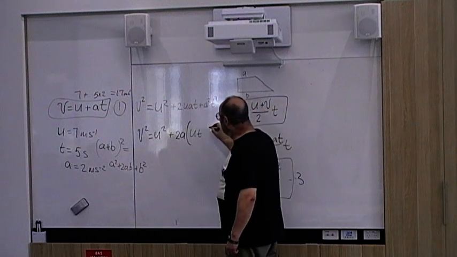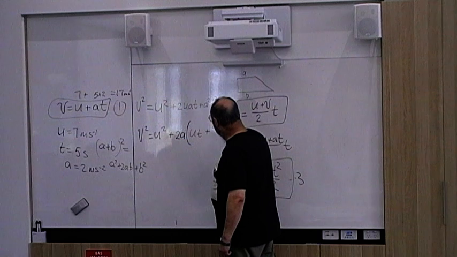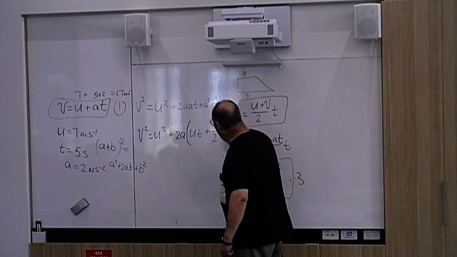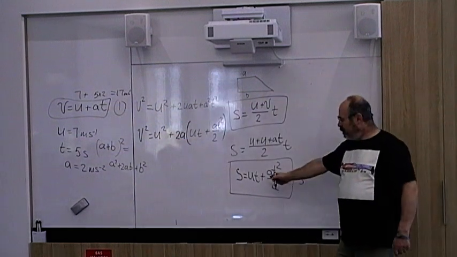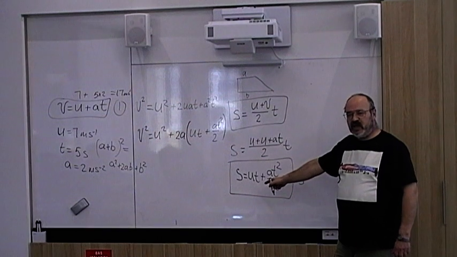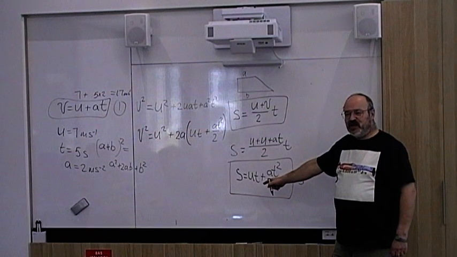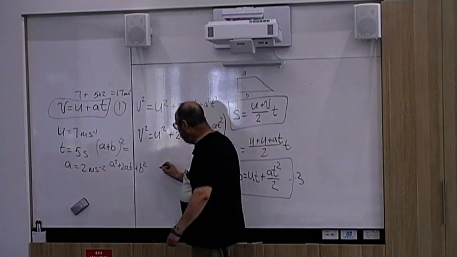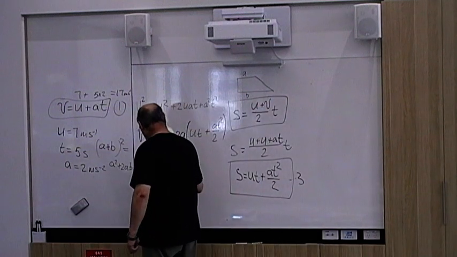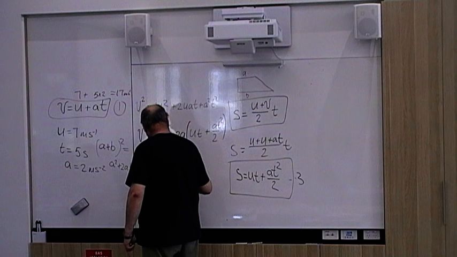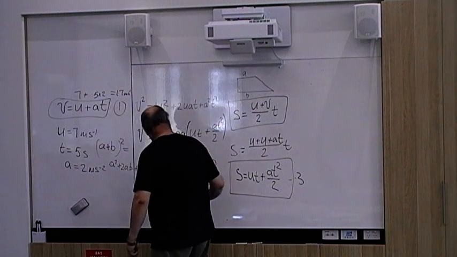A T squared over 2. And what is this? That is what we just derived, the displacement. So this formula becomes V squared equals U squared plus 2AS. So that's formula number 4.